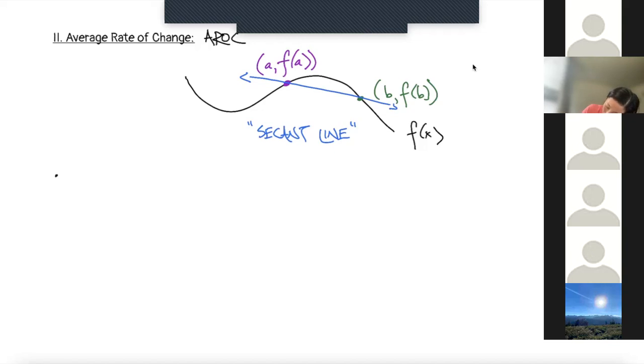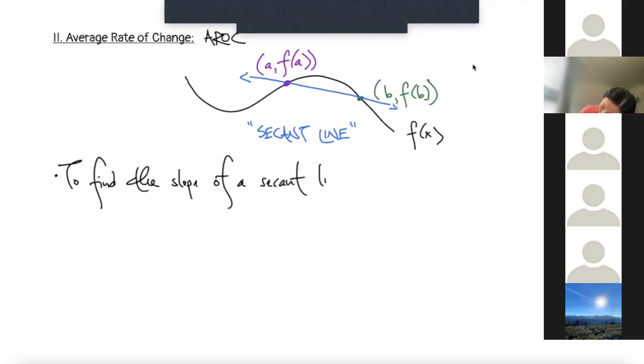First, let's talk about finding the slope of a secant line. Typically we say slope is going to be the letter m. If I were to use the purple and green points that I have listed above to fill in the slope formula, how would I write that?